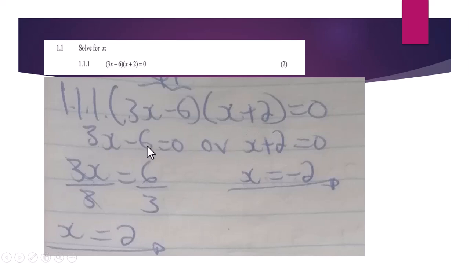So remember, we are solving for x. Any constant that doesn't have x, let it go to the other side of the equal sign. If it was positive, it becomes negative, and if it was negative, it becomes positive. So this side I have 3x, I've taken minus 6 to the other side, and it becomes positive. I will find that 3x is equal to 6, and remember I'm not looking for 3x but for x.